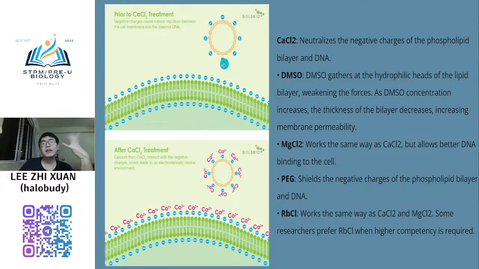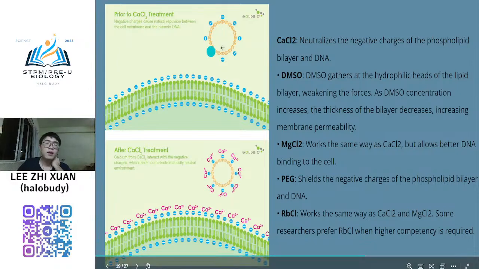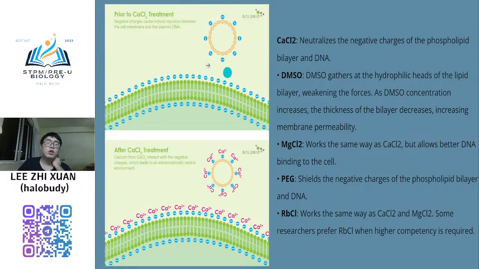Because we also know that when both carry a negative charge, the recombinant plasmid DNA cannot enter because they will repel each other. Same negative charges repel each other. So when the calcium ion binds to the phospholipid bilayer and also to the DNA, it will become neutral.